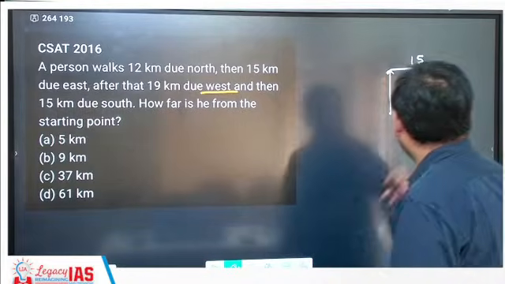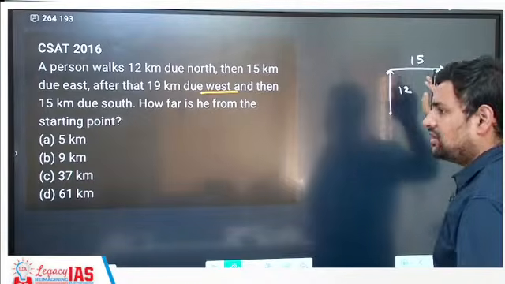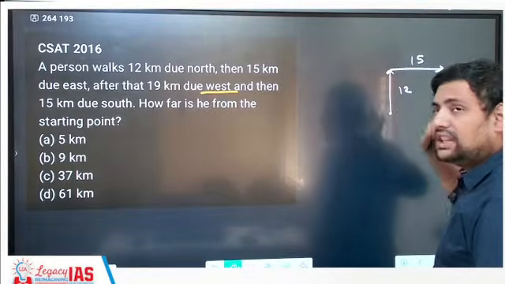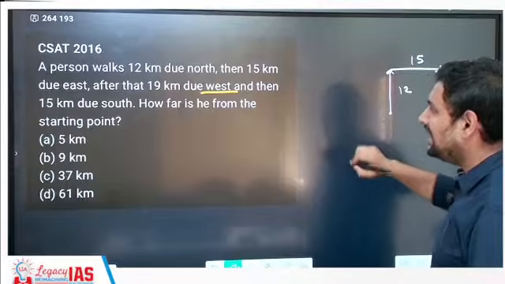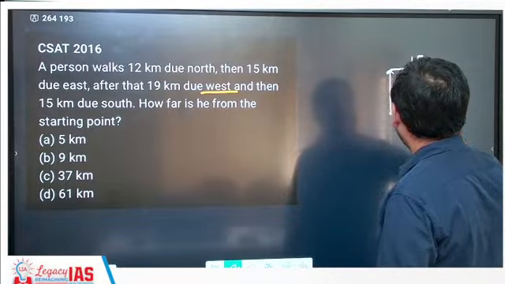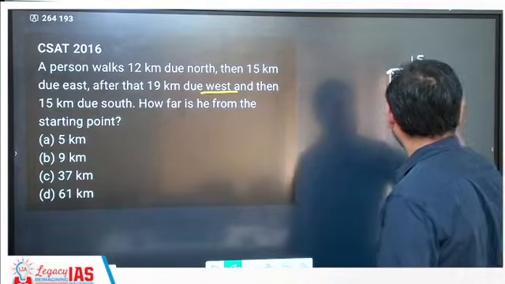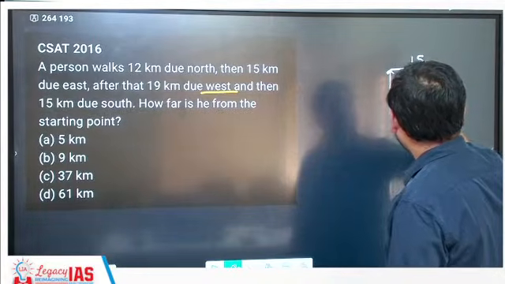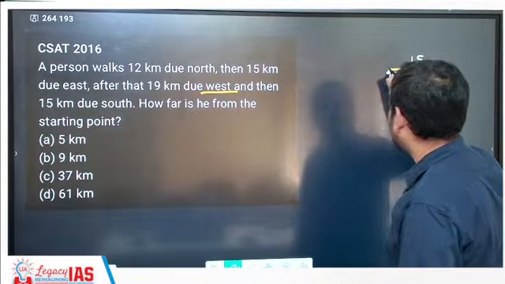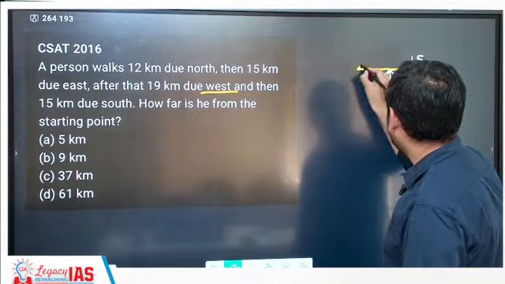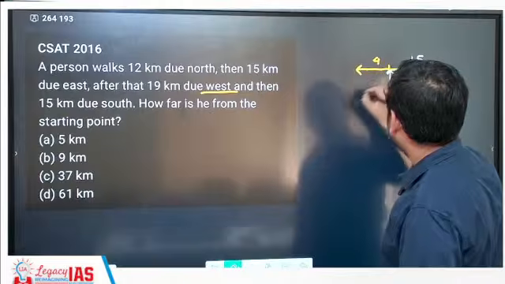Now what will you do? Direction is very clearly given to you. From here he goes 19 kilometer west. See, I am trying to move to west. I am trying to move 19 kilometer. 15 I have covered. Now I have to cover how much more? I have to cover 4 more. Correct.